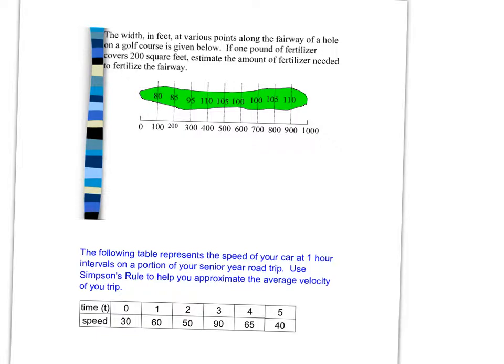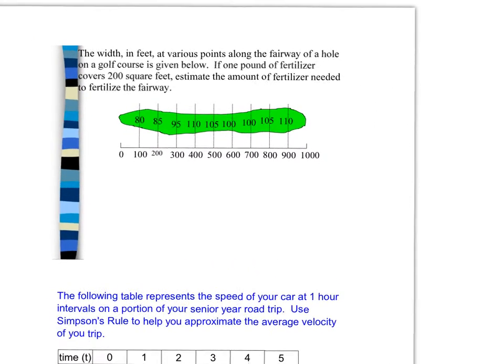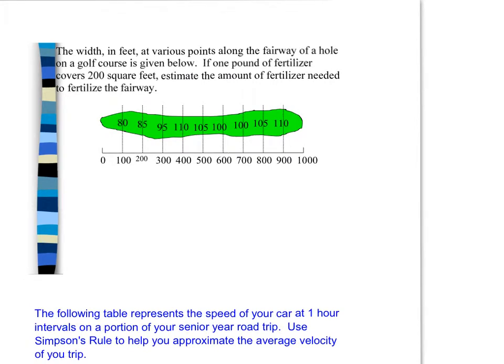I will give you answers to both of these when we're all done, but what I want you to do is, for the first one, just be careful, because they're asking you to figure out, if 1 pound of fertilizer covers 200 square feet, estimate the amount of fertilizer needed in pounds. So when you get to your final answer, that's going to give you the area, but then you have to think about how many pounds of fertilizer you're actually going to need for that area if 200 square feet covers 1 pound. Okay, so again, try it out.